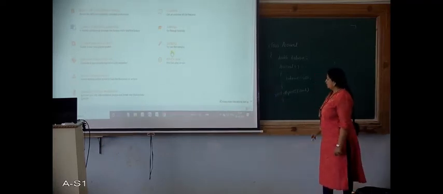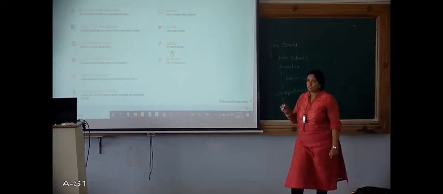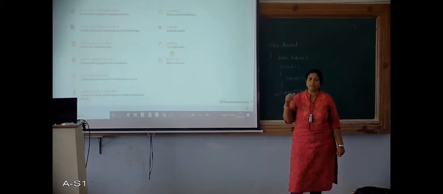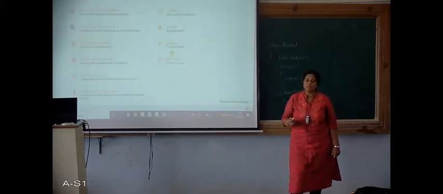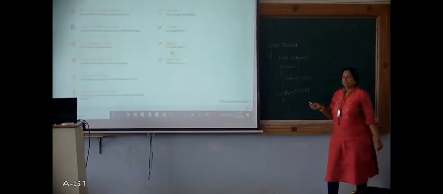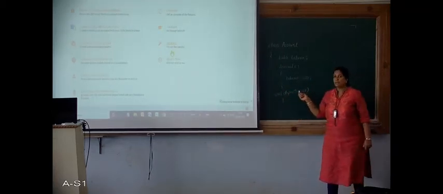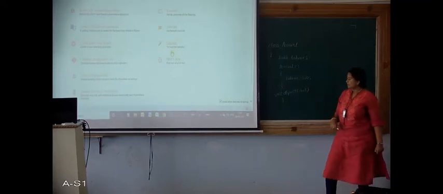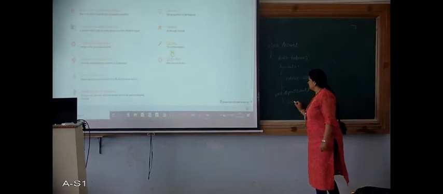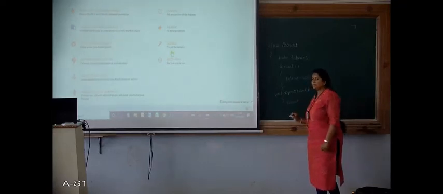And now, whenever a person deposits money, what should happen? That amount should be added to his previous balance. Correct? Whatever is the previous balance, this deposited amount should be added to it. So where is the balance present? It is there in the balance data member, right?